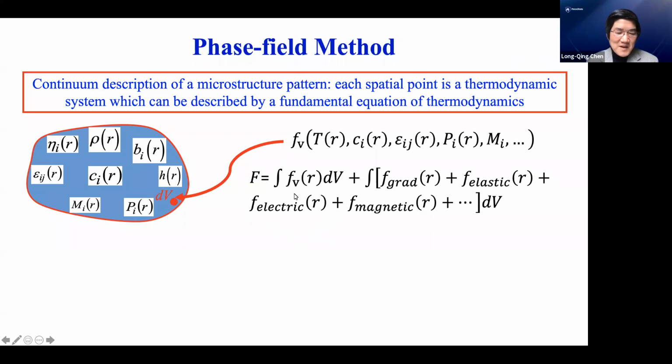We can have inhomogeneous charge distributions, so you have long-range electrostatic interactions, or if we have magnetic materials, then you have magnetostatic contributions. Some of these elastic, electrostatic, and magnetic interactions are long-range interactions, so they are not local.